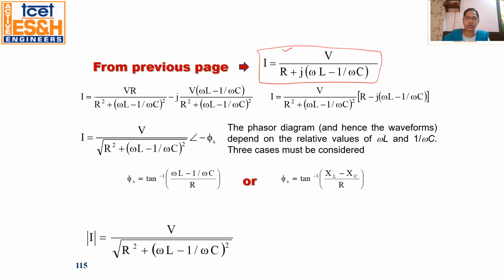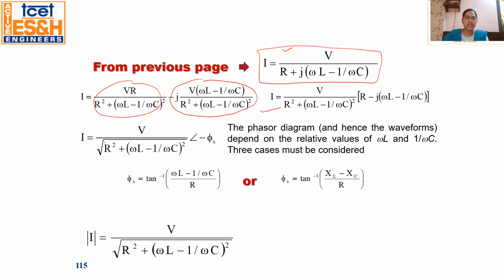So we can also represent our equation in rectangular form. This is the representation of I, where this is the real component and this is the imaginary component. If we simplify, we will get V divided by (R squared plus (omega L minus 1 upon omega C) squared) multiplied by (R minus j(omega L minus 1 upon omega C)).